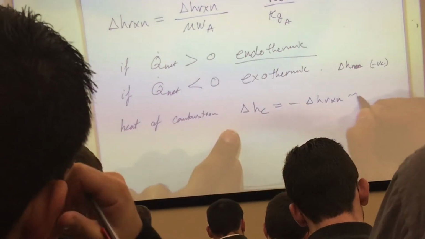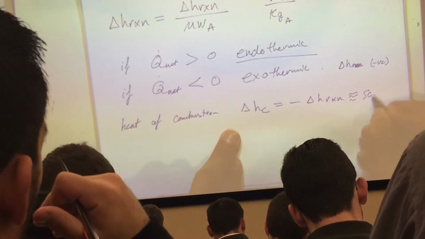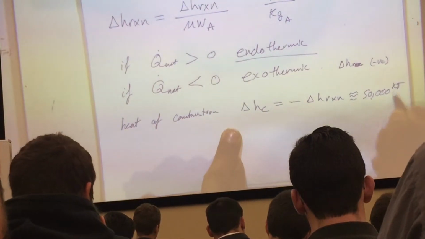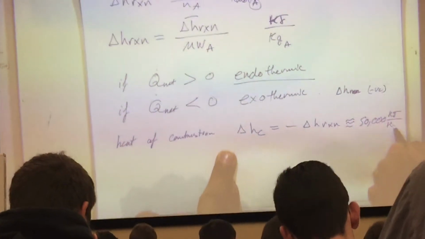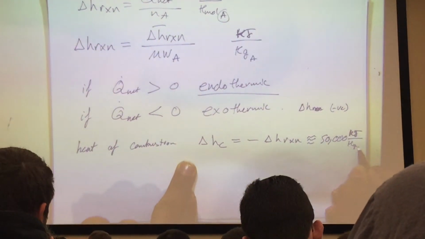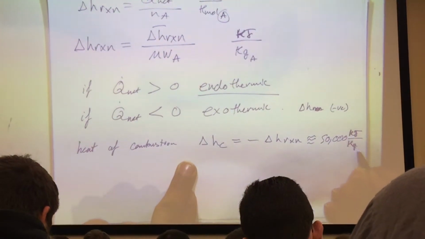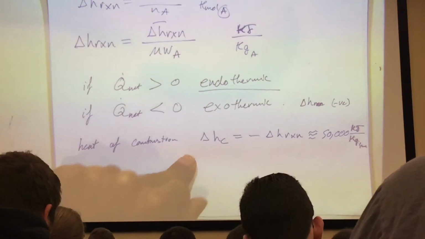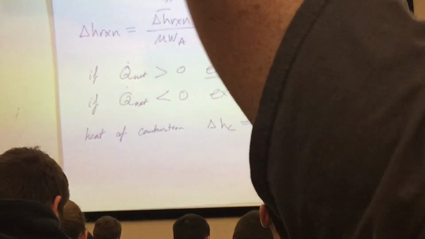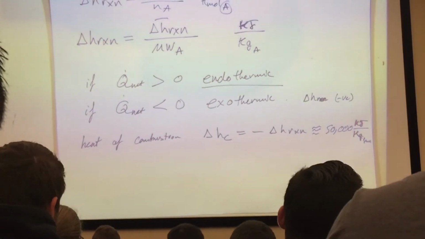And that's going to be somewhere around 50,000 kilojoules per kilogram of your fuel. That's why combustion becomes a very dominating energy source, because you get a significant amount of energy by doing this reaction.